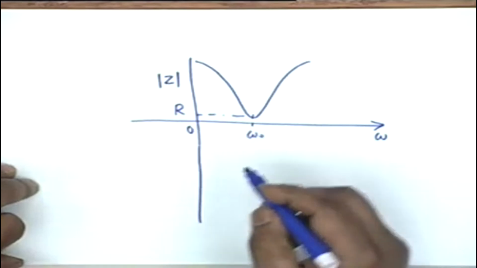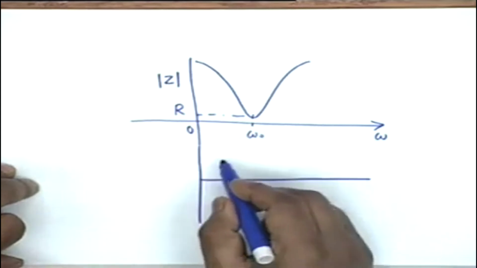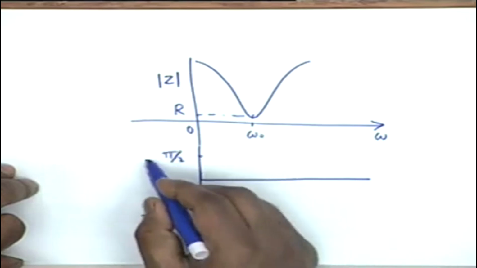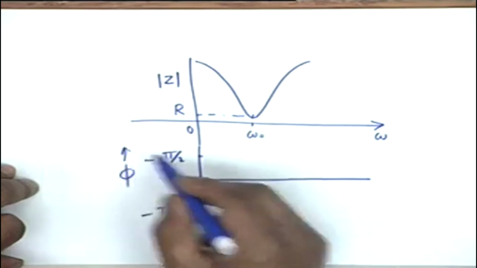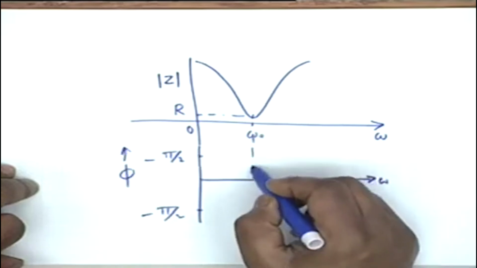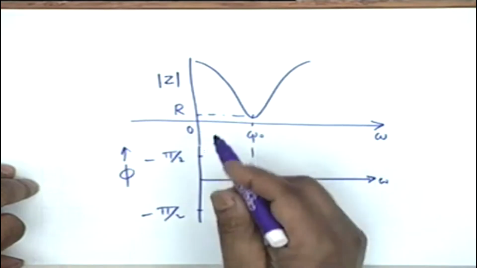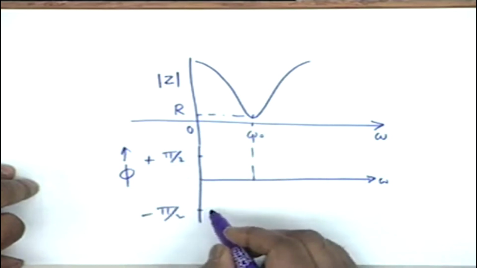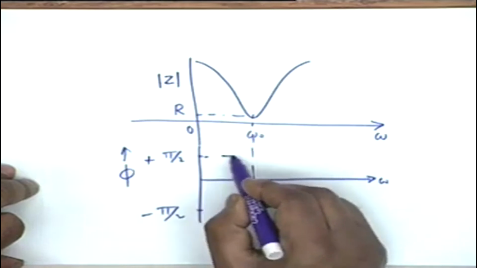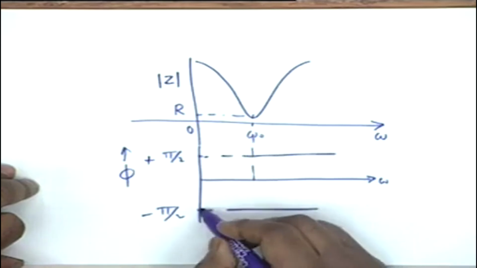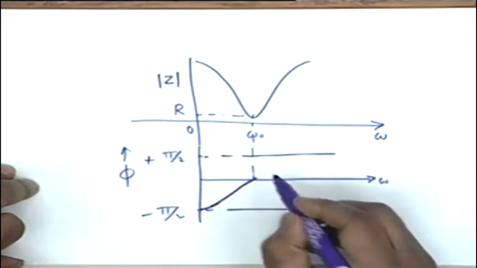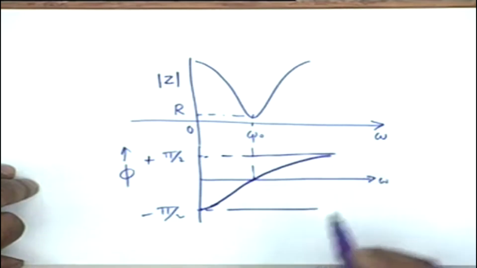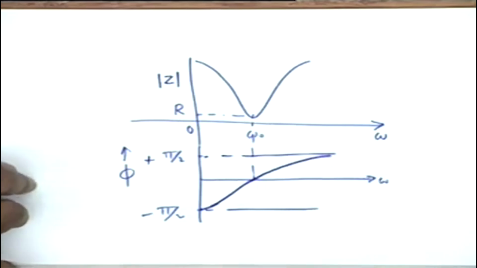At this frequency, if you plot the phase phi versus omega, at omega equal to 0 the angle is minus pi by 2, and it goes through 0 at omega 0 and goes to plus pi by 2 as omega goes to infinity.